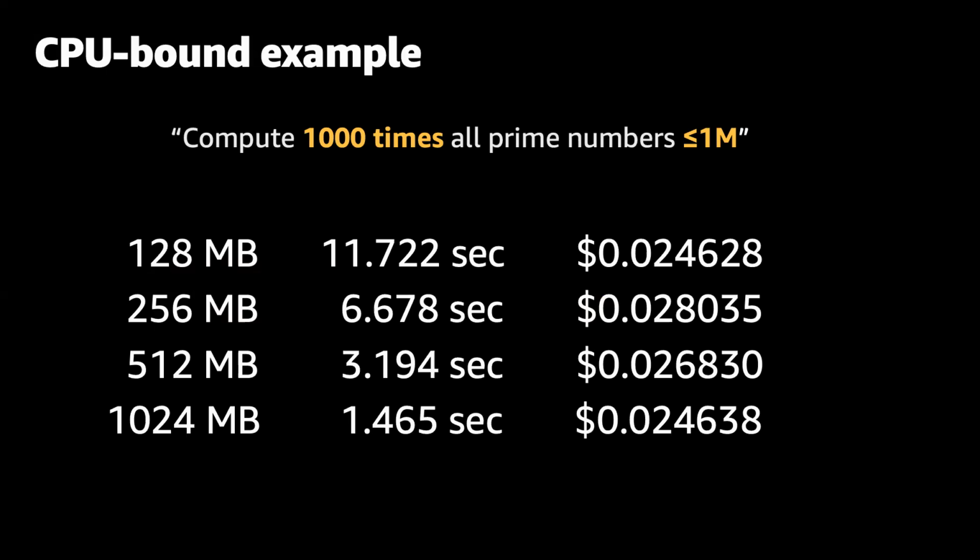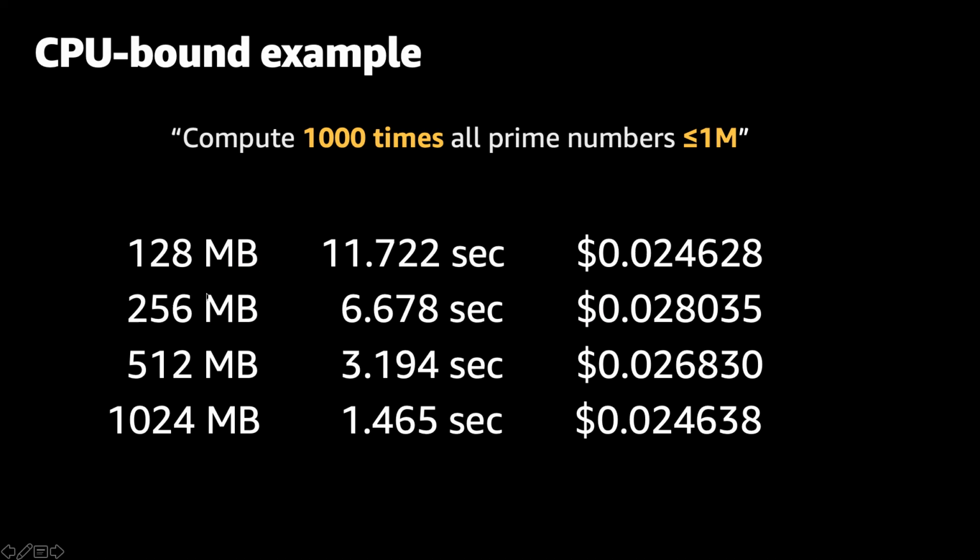So let me give you an example. If you have a very CPU-bound use case, like this example of computing prime numbers 1,000 times up to 1,000,000, that's not super useful, but it's CPU intensive. If you give it the minimum amount of memory, it runs for 11 seconds. It doesn't cost a lot, but still, let's have a look at the numbers.